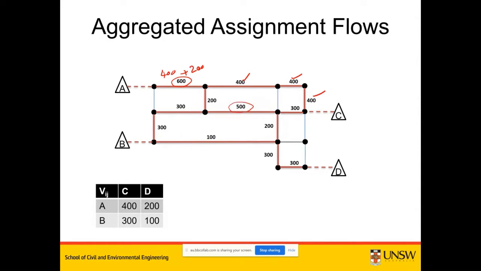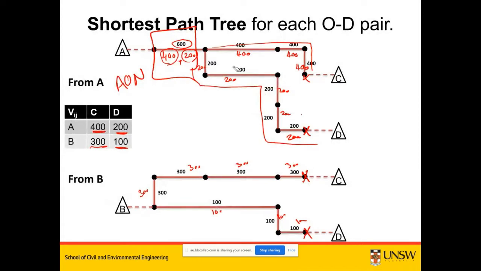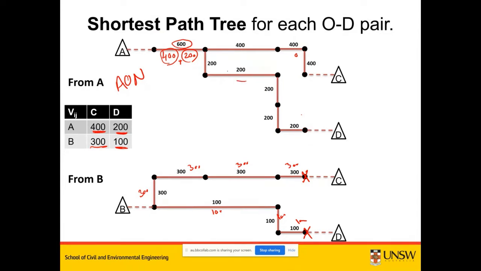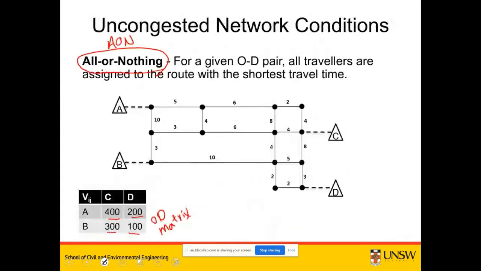Where does this 500 come from? If I go back to here, let me erase some of these things so you can better see. This 200 I had for people going from A to D, and I also have 300 people going from B to C. This is basically the same link as this one. If you look at the original network, this is the link that we are talking about. This link falls into this shortest path and also this shortest path.